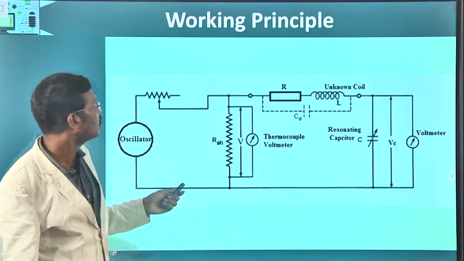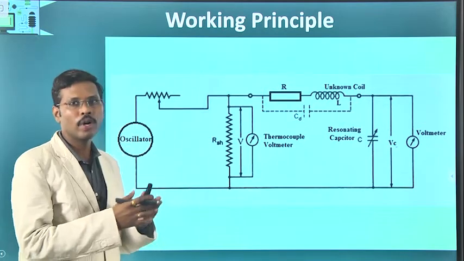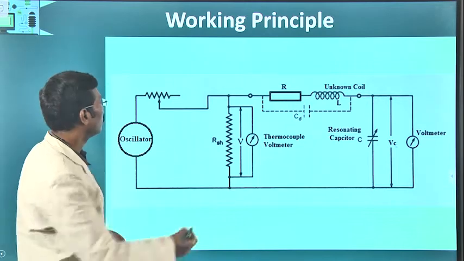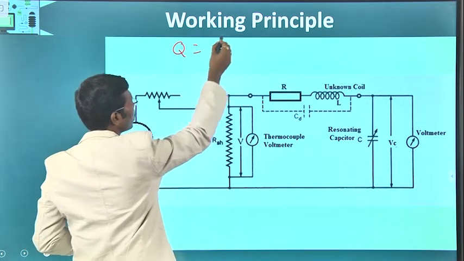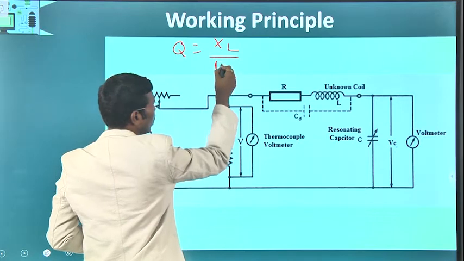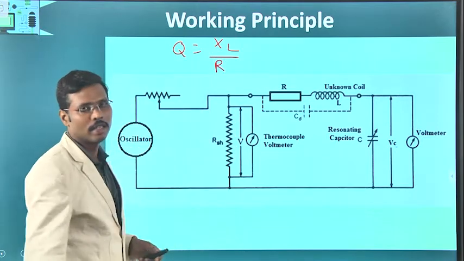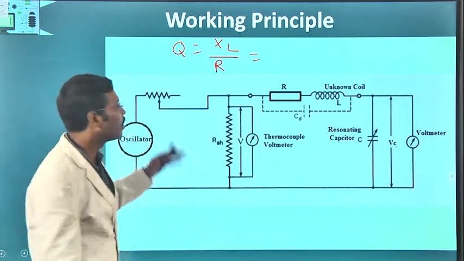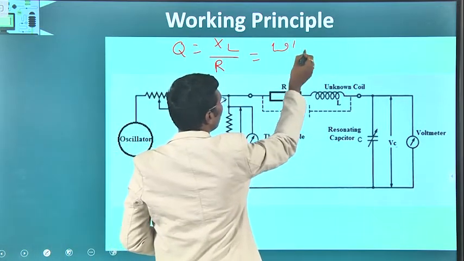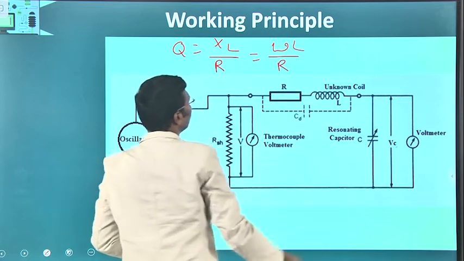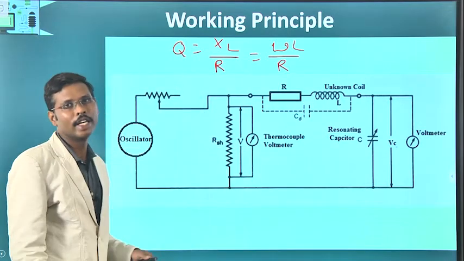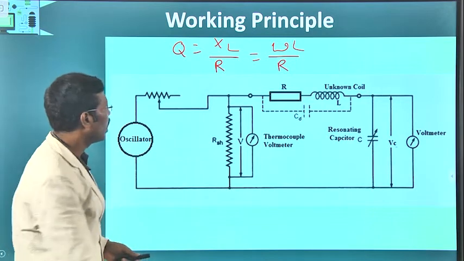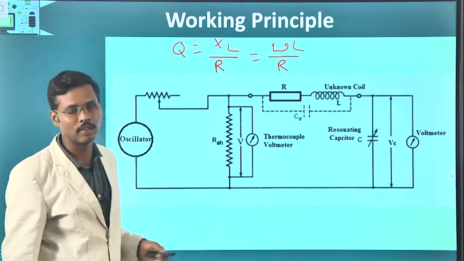Before going into the working principle of this circuit, let us determine what the quality factor is. The quality factor Q is given by XL by R, where XL is omega L, the inductive reactance, and R is the equivalent resistance of the circuit.